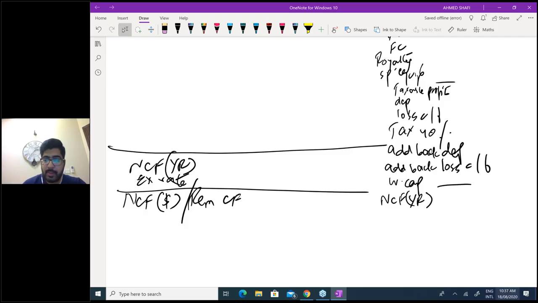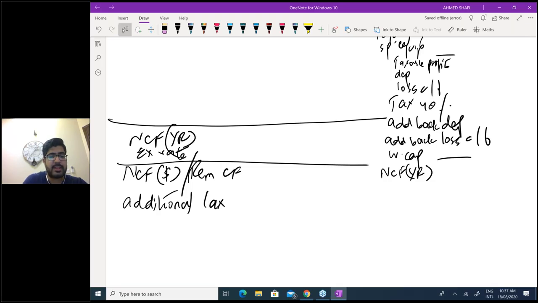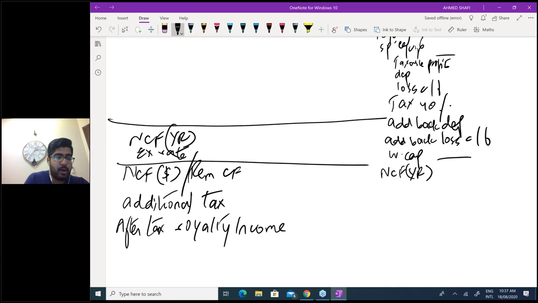Now, you need to remember that there is likelihood of usually these four items. One is called additional tax. One is called after tax royalty income. One is called after tax contribution.